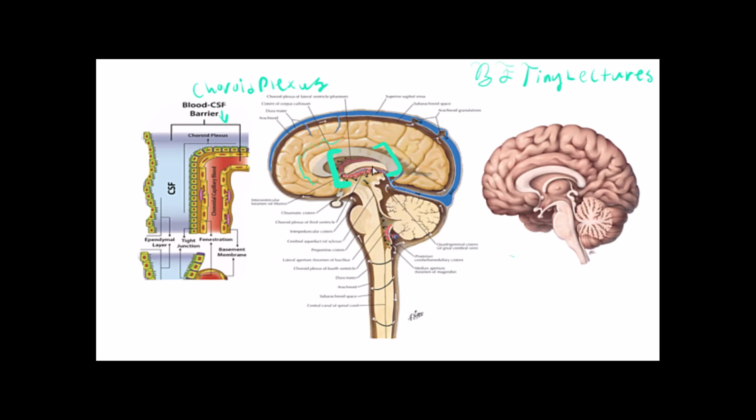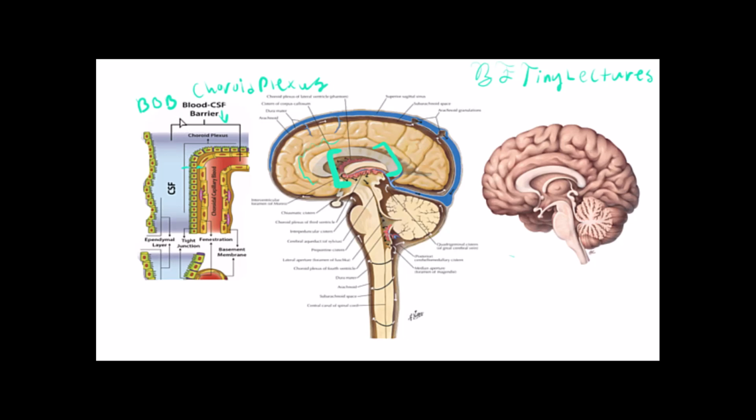So instead, the capillaries will meet with the ependymal layer, and small bits of blood, let's say they leak, quote unquote, into the ependymal layer, and the ependymal layer converts it into cerebral spinal fluid. So we have the conversion of capillary blood into the cerebral spinal fluid for the blood-brain barrier.